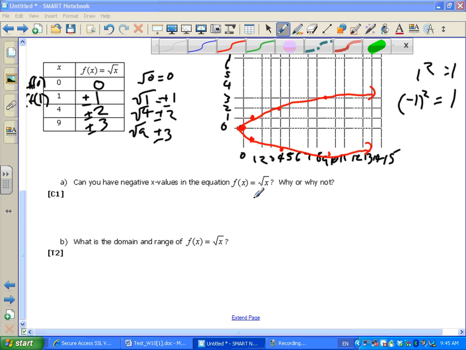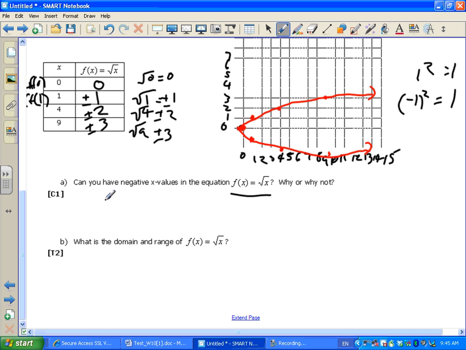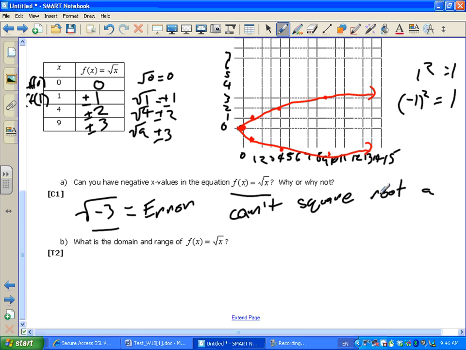We cannot have negative x values because I cannot find the square root of a negative. Square root of negative 3, error in your calculator if you were to type it in. There are no two numbers that multiply to make a negative. So you would say you can't square root a negative number.